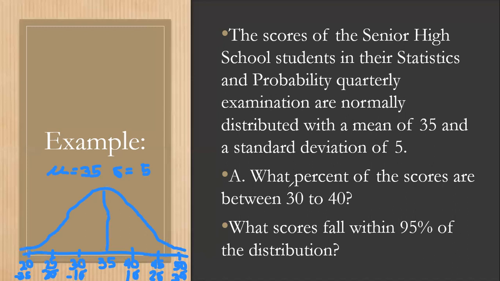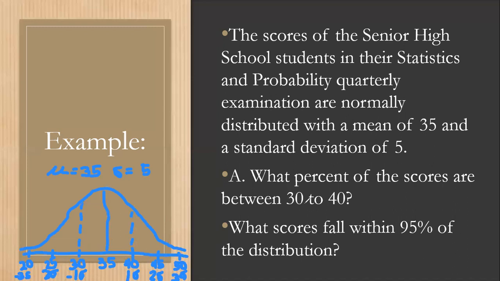Question letter A. Okay, what percent of the scores are between 30 to 40? So look at your normal probability distribution. So your 30 score falls here, which is -1 standard deviation, and your 40 falls here.